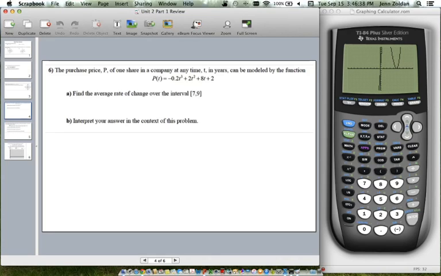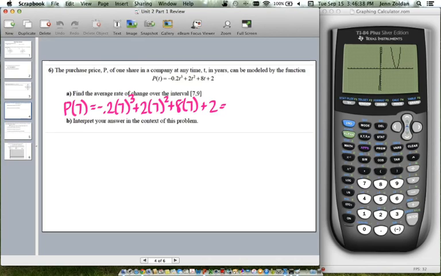Find the average rate of change over the interval from 7 to 9. So we need to start by finding P of 7 first. So you're going to take 7 and plug it in for t. So just replacing all of my t's with 7s.